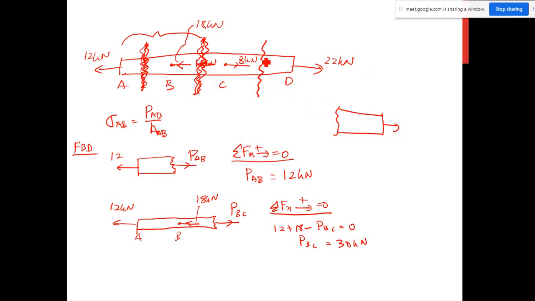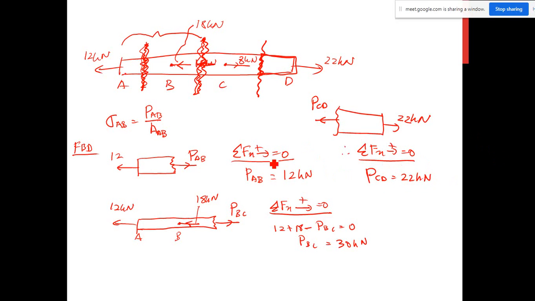I have this part here, this is a 22 kilonewton force, and here is PCD. Using the summation of force in the x direction equal to 0, PCD is equal to 22 kilonewton.